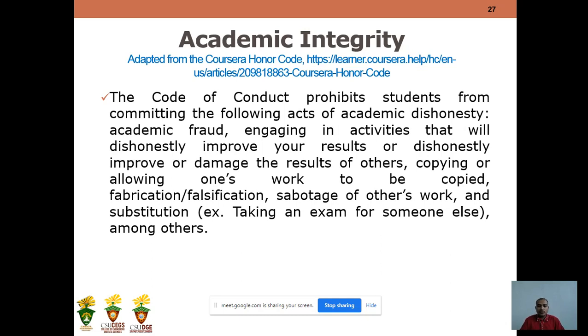So if you deceive me as your instructor, you have deceived Caraga State University. Another academic dishonesty is engaging in activities that will dishonestly improve your results or dishonestly improve or damage the results of others.